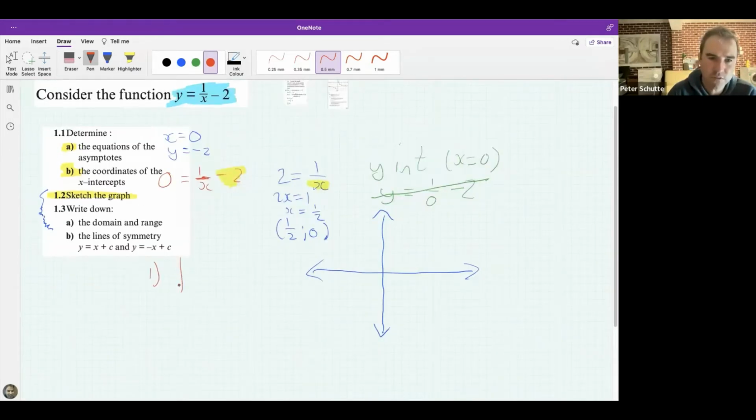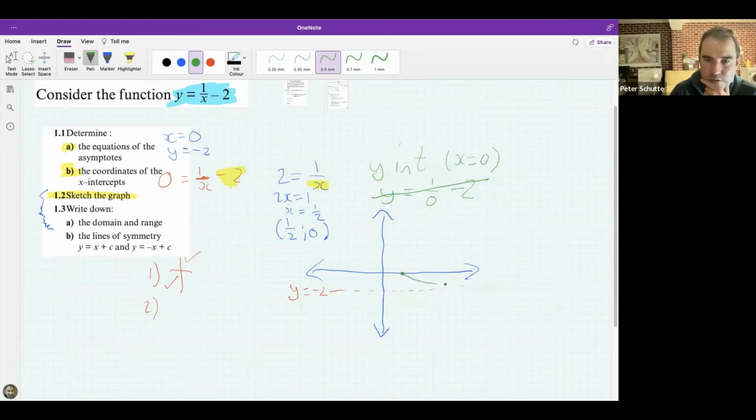It's positive, so it's going to be in these quadrants. Step 2: I've got my asymptotes, and I'm only going to have one horizontal asymptote, which is y equals -2. So the whole graph is shifted down. And then my x-intercept was over here at a half.